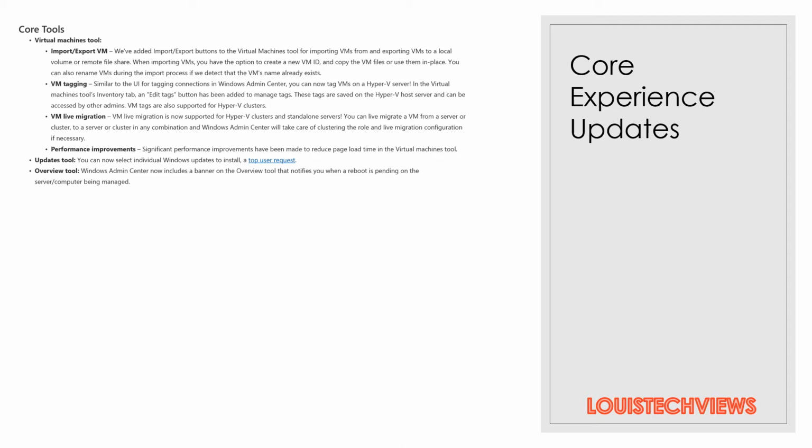So now you have the capability to selectively choose the Windows updates you actually want to install. If you want to maybe test a few of them one by one, as opposed to deploying all available updates all at once. It was a top user request, and it was a top user request for myself, so I'm happy to see that they've implemented that in the tool now.